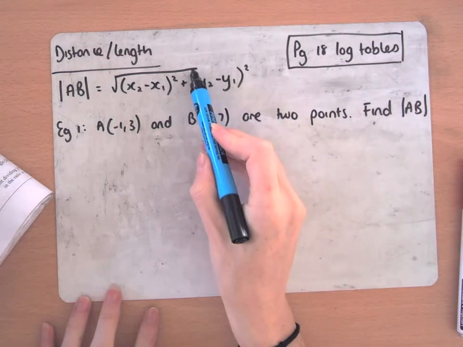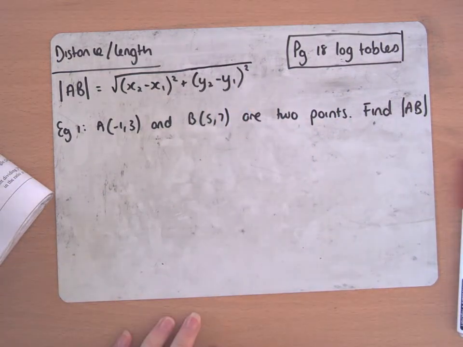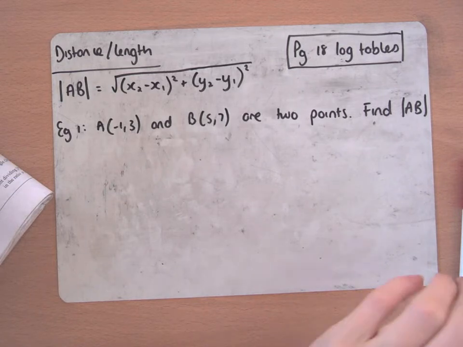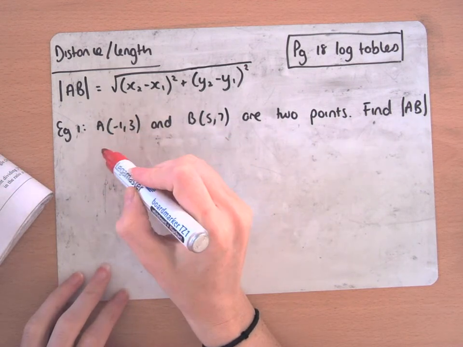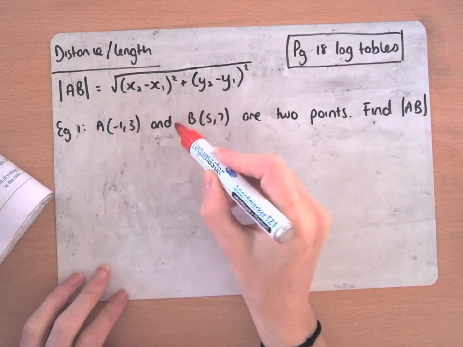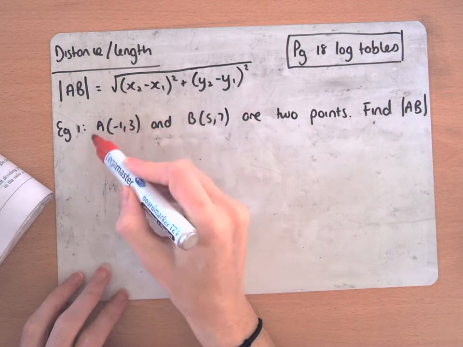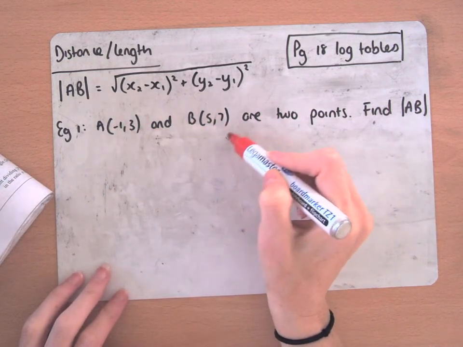So that square root goes over everything. The first thing we have to do is label. We need to get really good at labeling our points. This is the first point I see on the page, and this is the second point I see on the page. So this is all the ones, and this is all the twos.